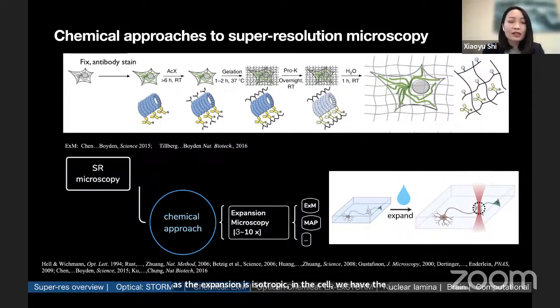First, you stain the sample with your normal immunostaining routine. It could also be protein tags like SNAP tag, CLIP tag, and then you decorate all the proteins in your cells with an acrylamide handle.